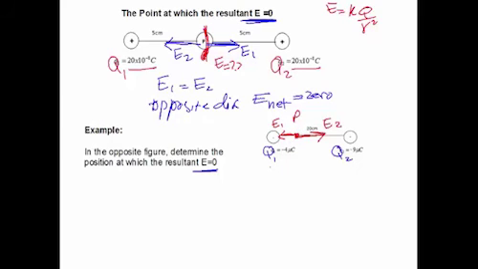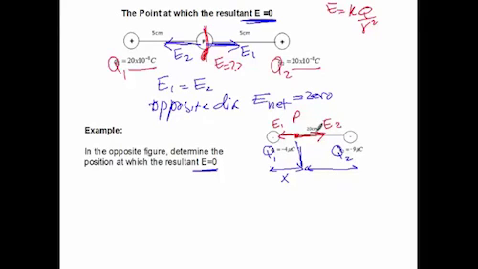If the total distance between the charges is 20 centimeter, we can consider the distance from the point to Q1 as x, and from the point to Q2 it will be the whole distance minus x.